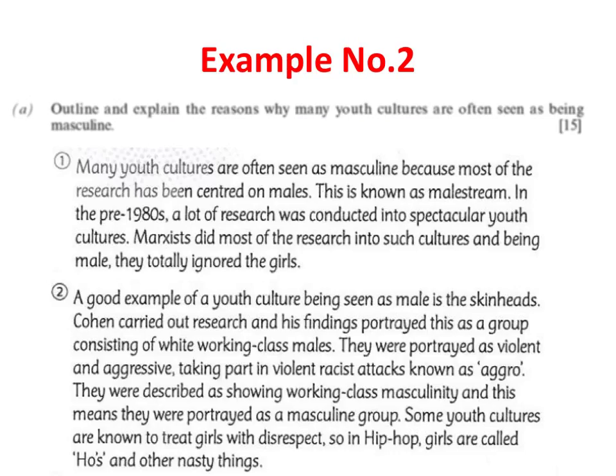And then the second paragraph, we've got good knowledge, we've got reference to a key sociologist, so Cohen, and this work is related directly to the question set, and there's some explanation of the low profile of girls, and this argument is brought into a more contemporary setting with the reference to hip-hop at the end of the paragraph.